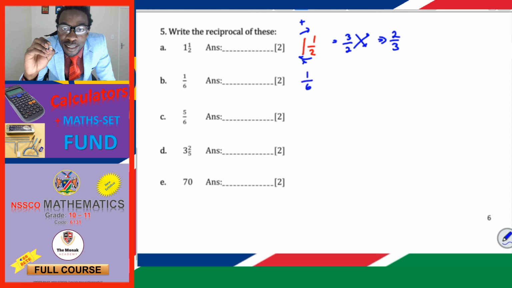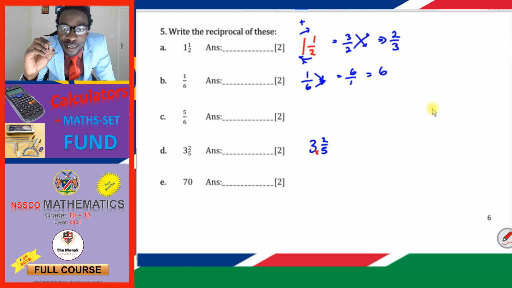1 over 6. This one comes here, this one goes there. So it's simply 6 over 1, which is 6. Next, 3 and 2 over 5. First thing is to make it a vulgar fraction.